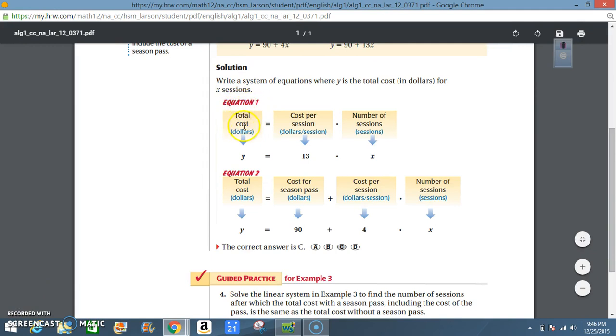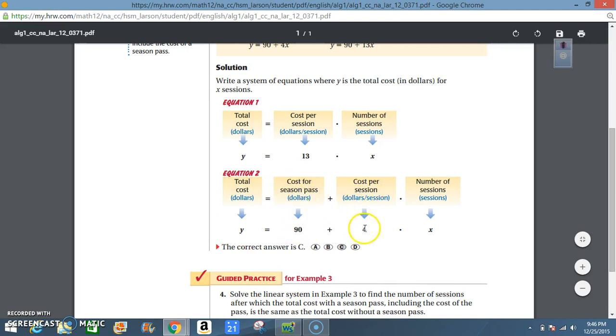Equation 1. Total cost will be y. Cost per session was $13. Number of sessions, x. So your equation will be y is equal to 13 times x. Equation 2. Total cost, y. Cost for season pass, $90.